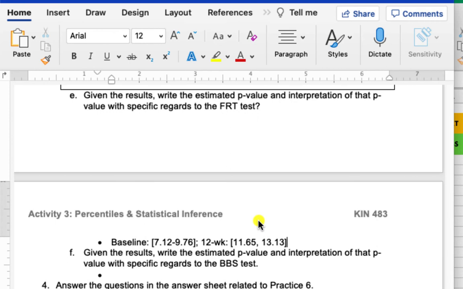If there is overlap between the intervals, then we can safely assume that each population mean that we're estimating with this interval has come from the same population, in which case we would say the baseline or control group is not significantly different from the 12-week dance intervention group. So in other words, the intervention didn't improve or make balance worse.